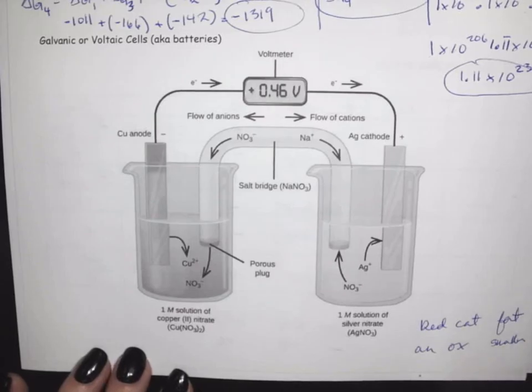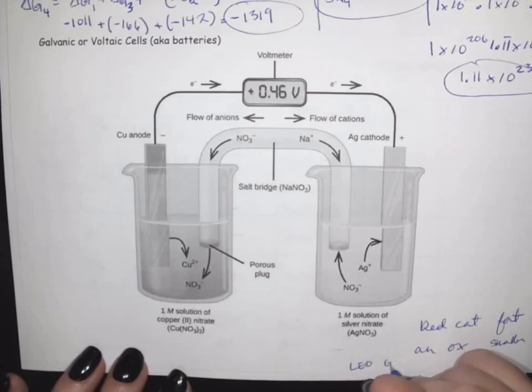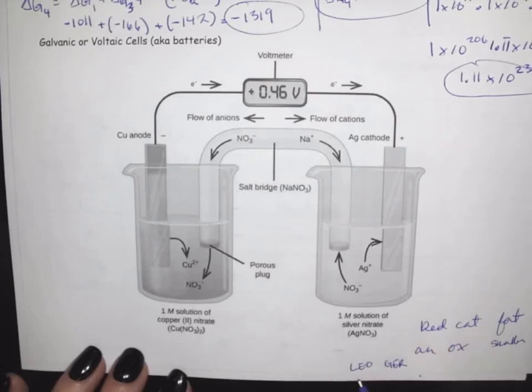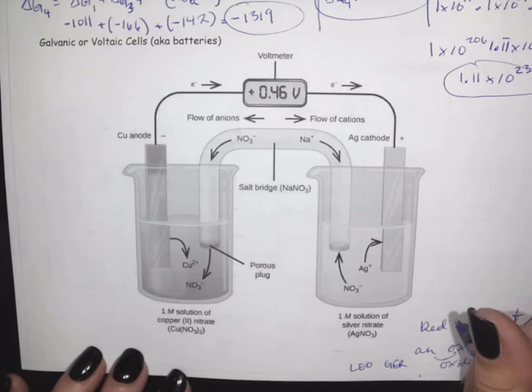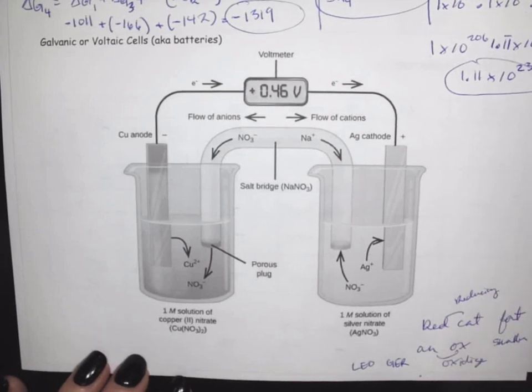And then don't forget, Leo the lion says grr, so losing electrons is oxidizing, so this guy is going to oxidize, as we know. And then reducing, red cat, gaining electrons, so this is reducing, which means that it's gaining electrons.